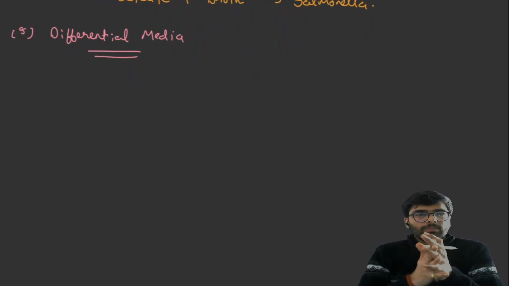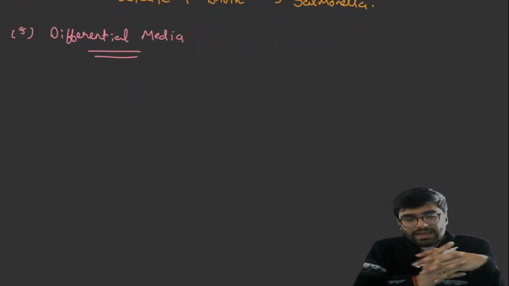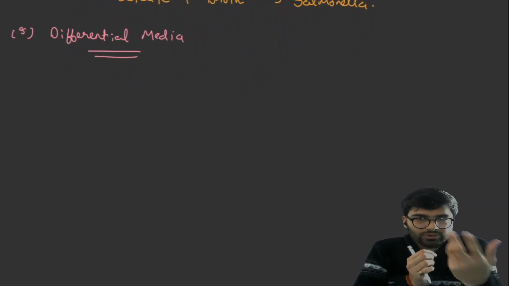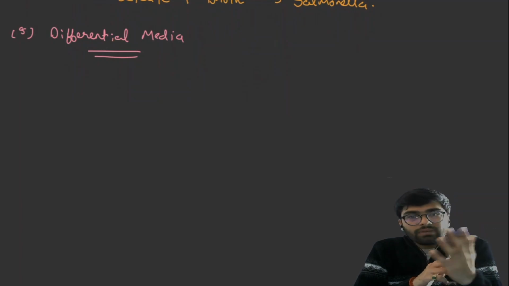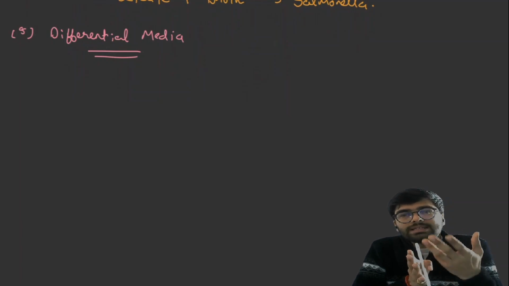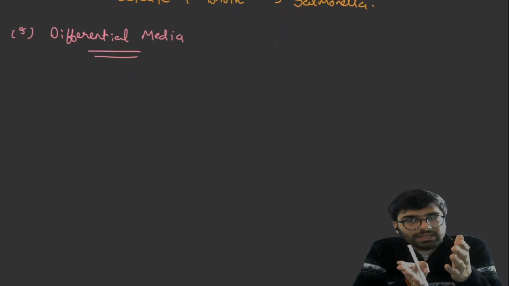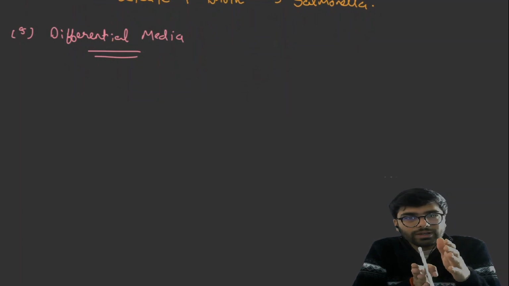So if I talk about differential media in simple words, let us take one example. We have hemolytic bacteria, which is a group of bacteria. It can be further divided into alpha hemolytic, beta hemolytic, gamma hemolytic. The differential media is a media that differentiates hemolytic bacteria into three: alpha, beta, gamma, by making different colors for all three. Got the point?